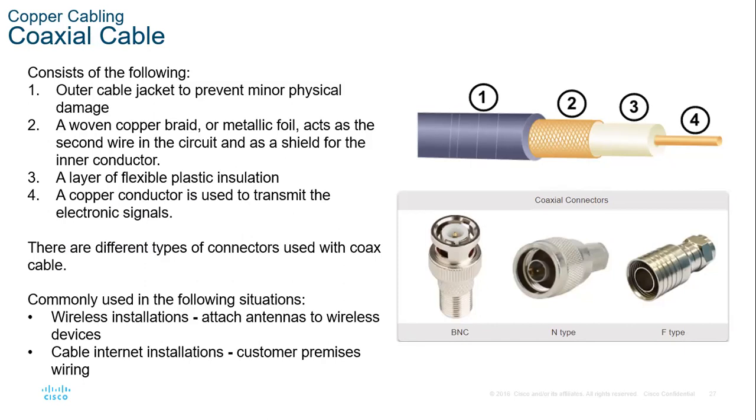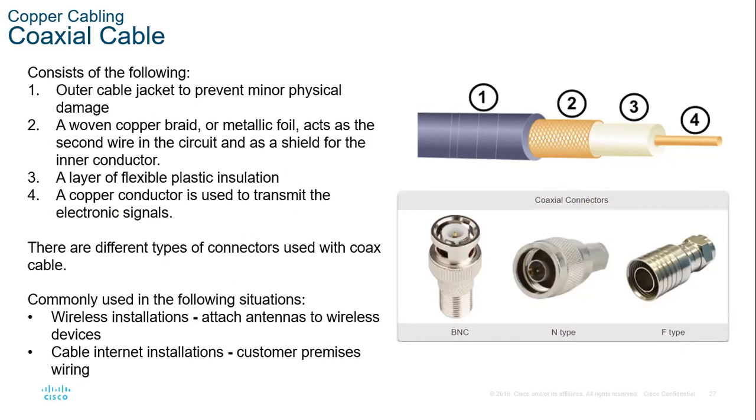There are different types of conductor used with coaxial cable. It is commonly used in the following situations: wireless installations, attaching antennas to wireless devices, cable internet installations, and customer premises wiring.